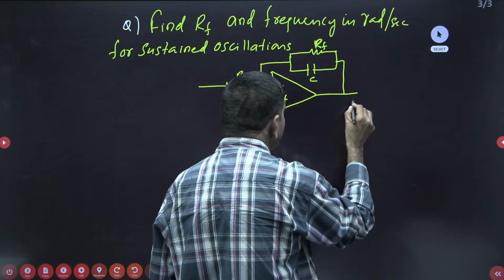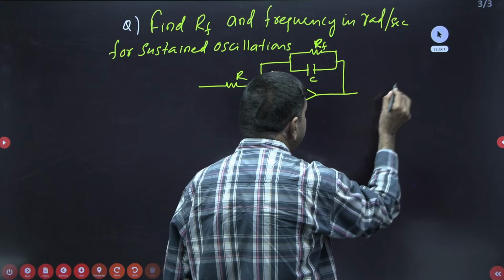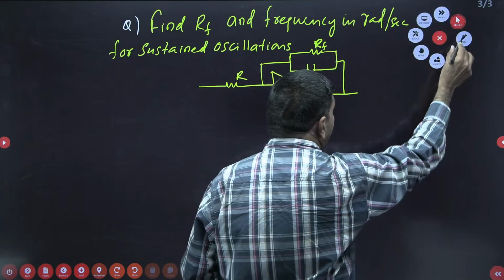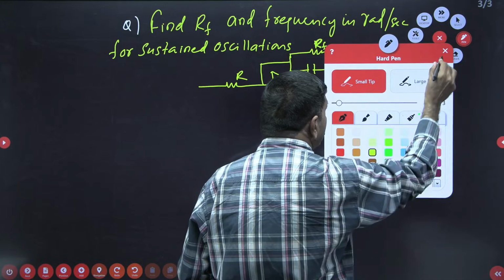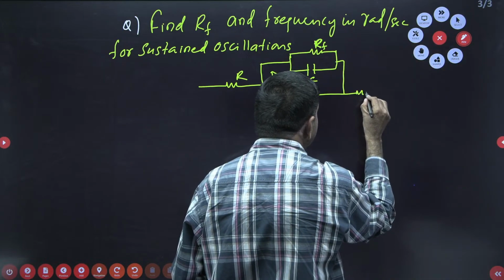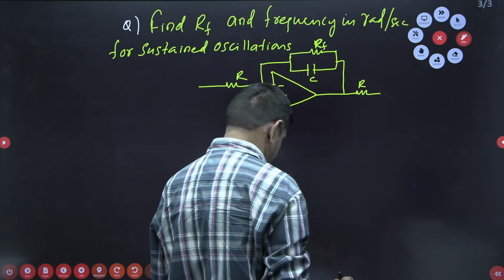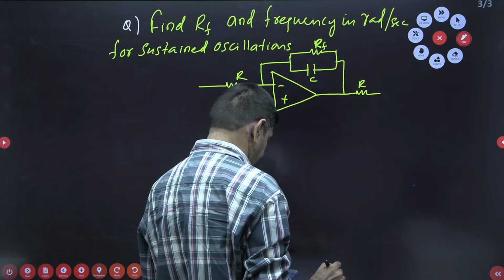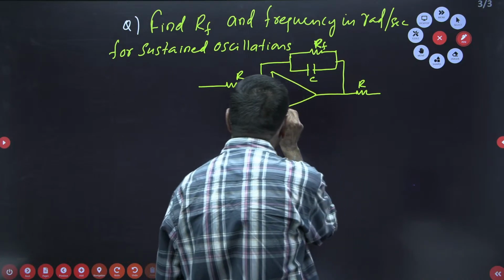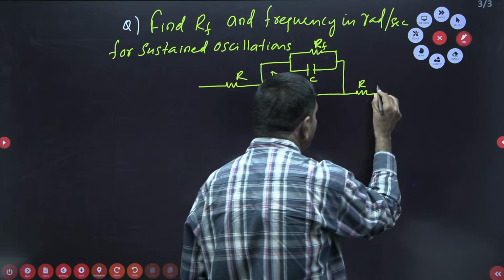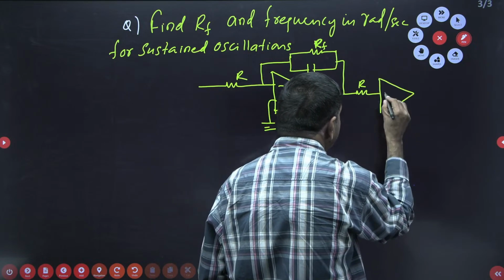And also one more resistor is connected here, R. And this is connected to what now? One more op amp is connected here.